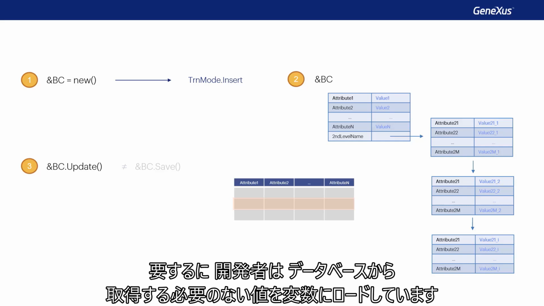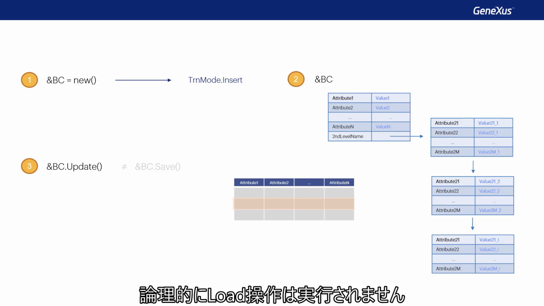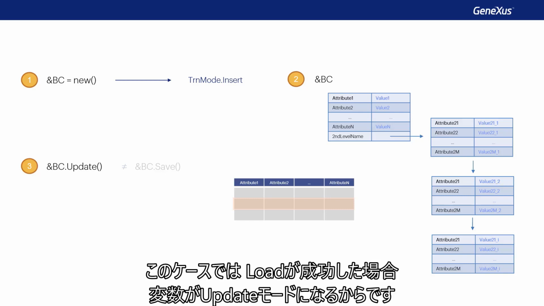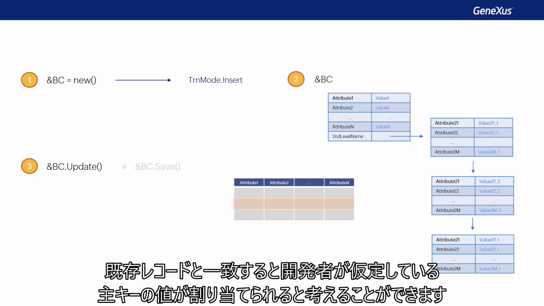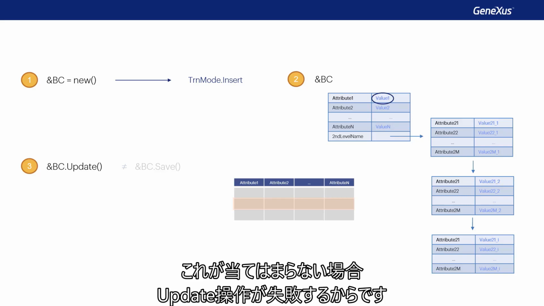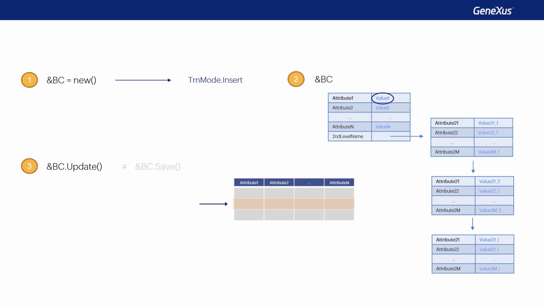In short, the developer loaded the variable with values that don't need to have been extracted from the database. This means that, logically, the load operation was not performed, because in that case, the variable would be in update mode if that load had been successful. So, it can be assumed that for the primary key values were assigned that the developer assumes correspond to an existing record, because if this is not the case, the update operation will fail.